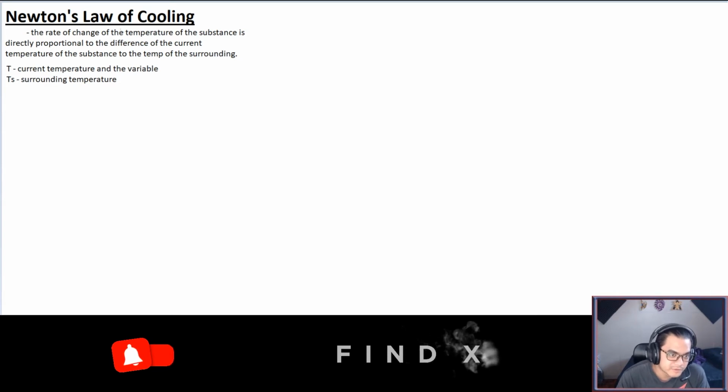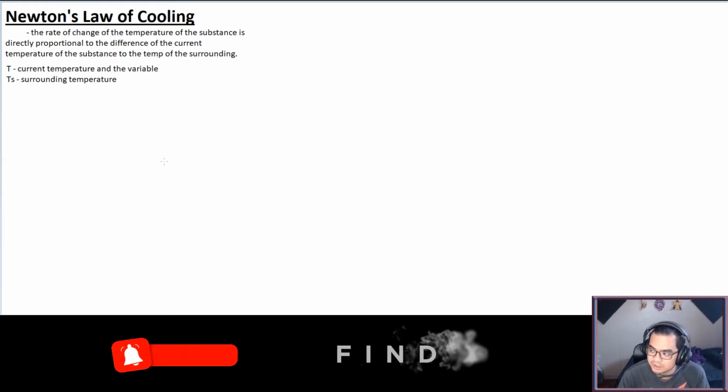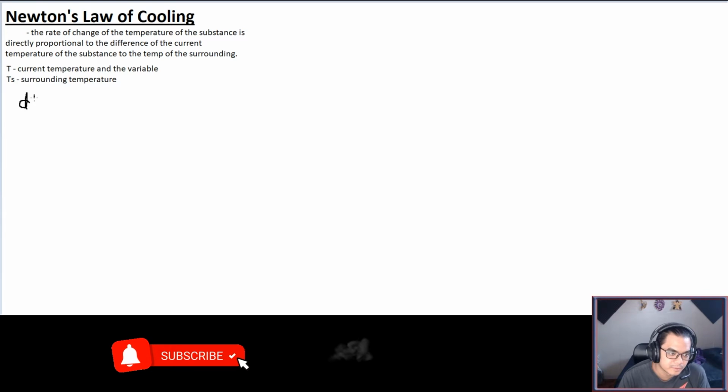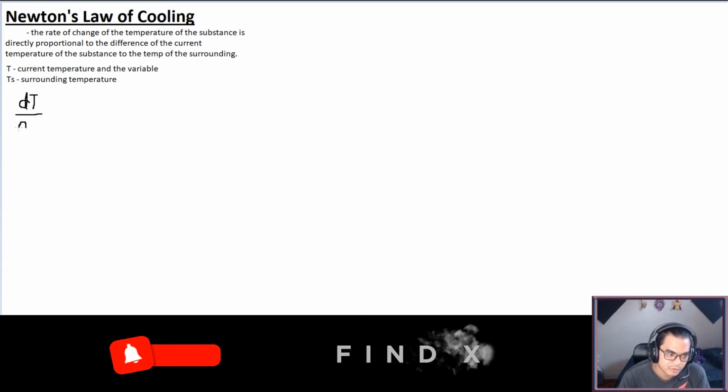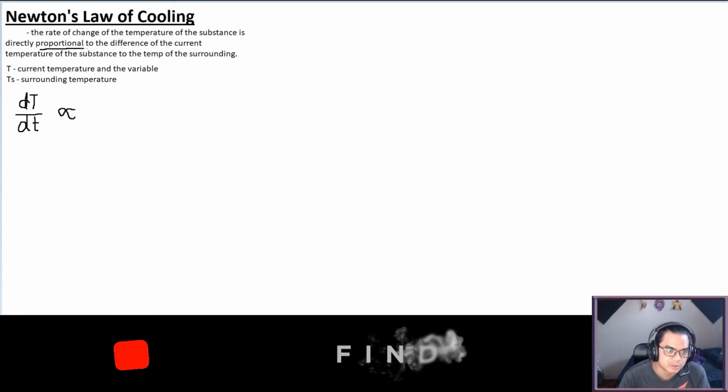Okay, so the rate of change of the temperature, which is the T. So of course, the rate of change of temperature is also dT. Of course, it must be with respect to time. So we'll have here dT all over dt with respect to time, but of course, we will use a small t. And then it must be directly proportional, okay? Directly proportional to what?